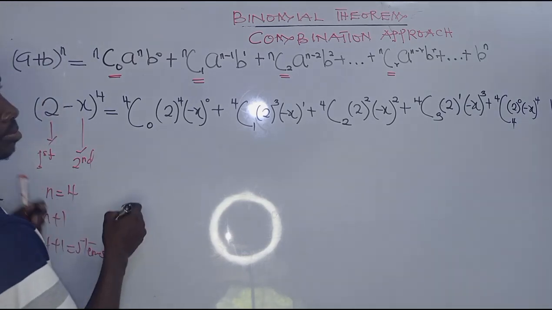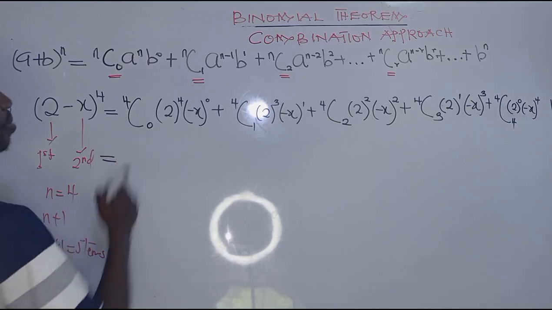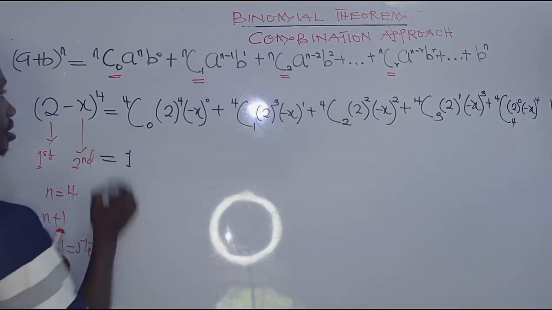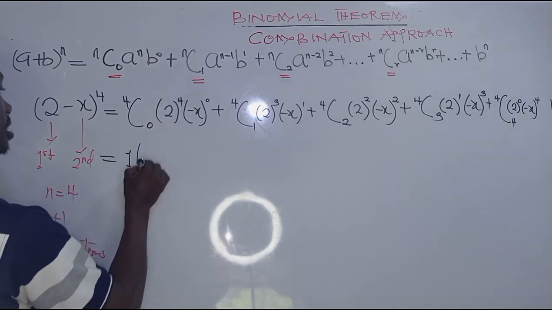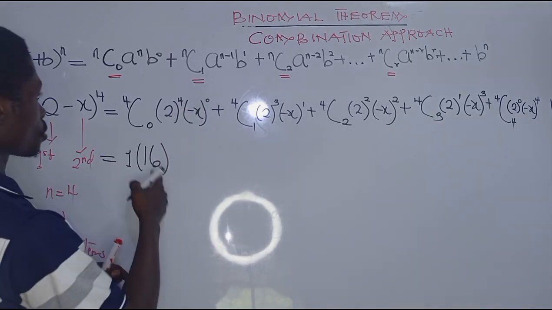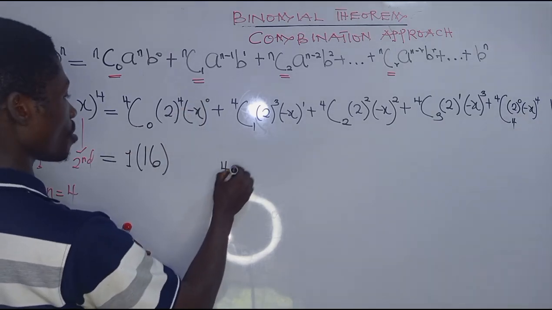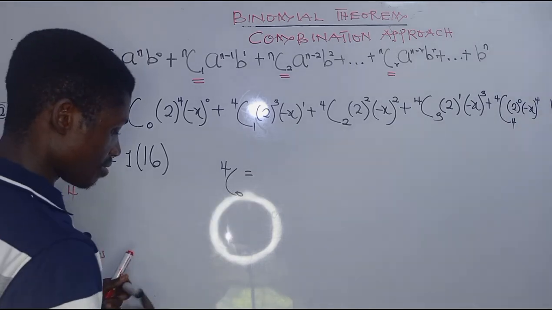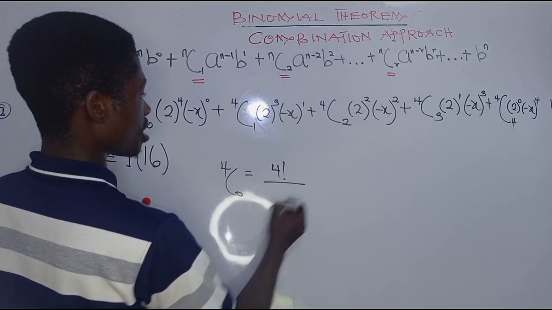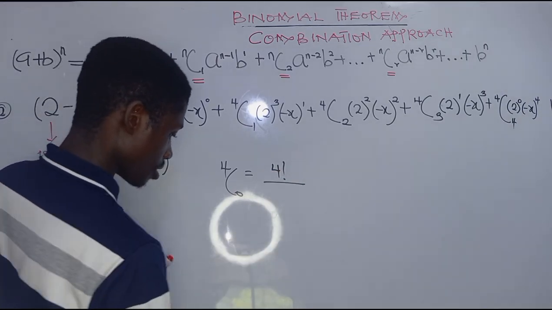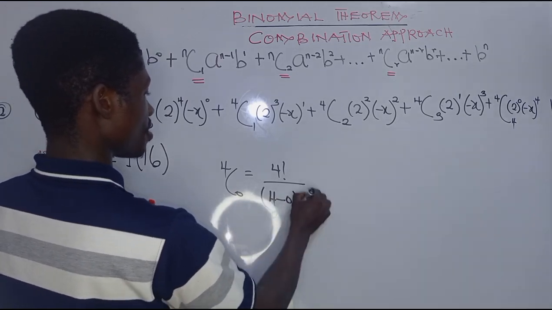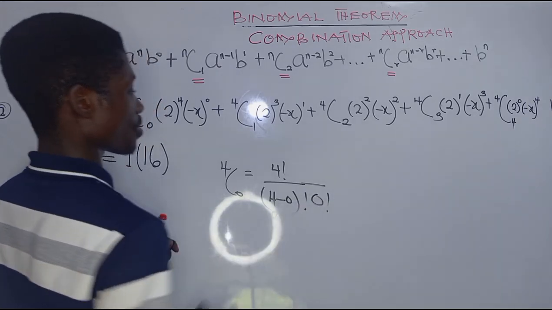4 combination 0 is surely going to give you 1. So we have 1, and then 2 power 4 will give you what? 16. And then this will give you what? 1. Those who are confused, let's solve it manually. 4 combination 0, we have 4 factorial all over 4 minus 0 factorial, and then we have 0 factorial.